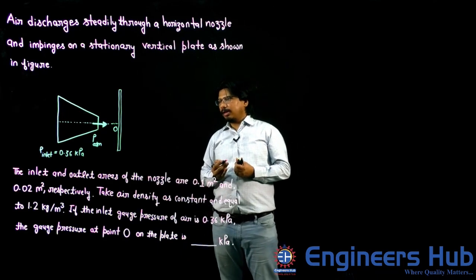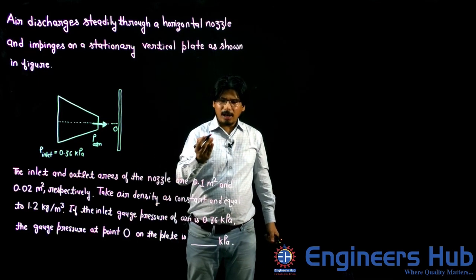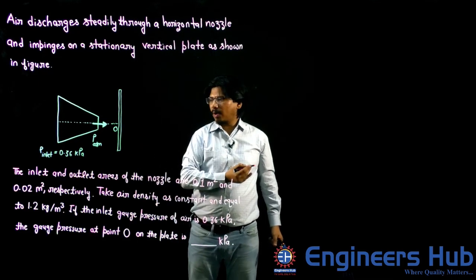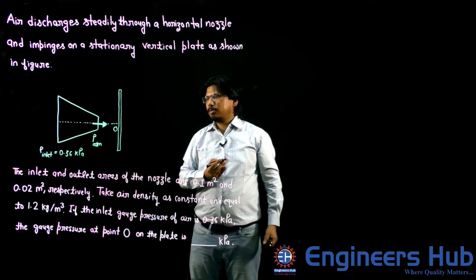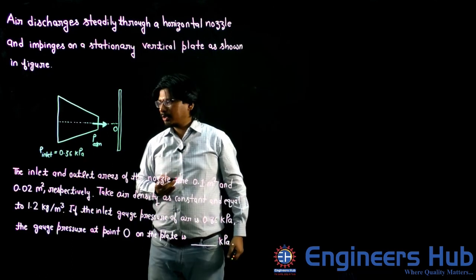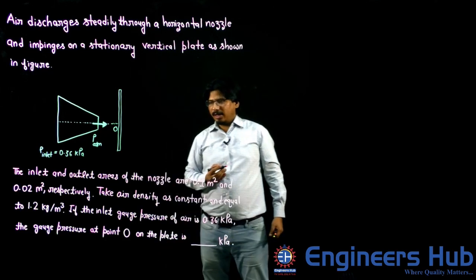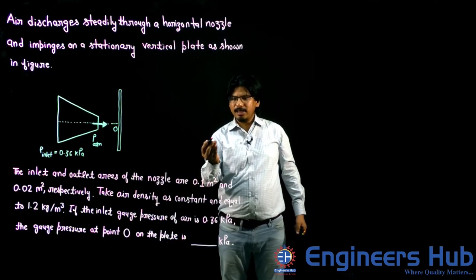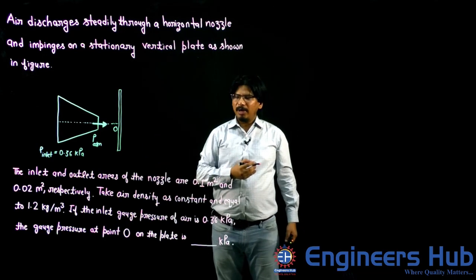So let us read the further data. The inlet and outlet areas of the nozzle are 0.1 meter square and 0.02 meter square respectively. So this inlet area is given 0.1 meter square, and this outlet area is given 0.02 meter square. Take air density as constant and equal to 1.2 kg per meter cube.